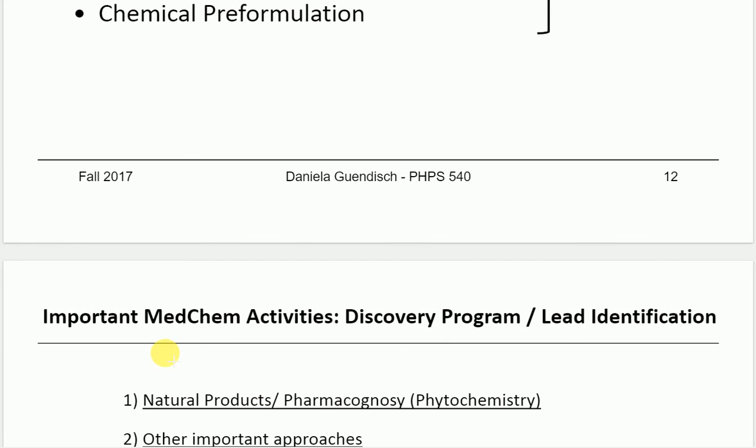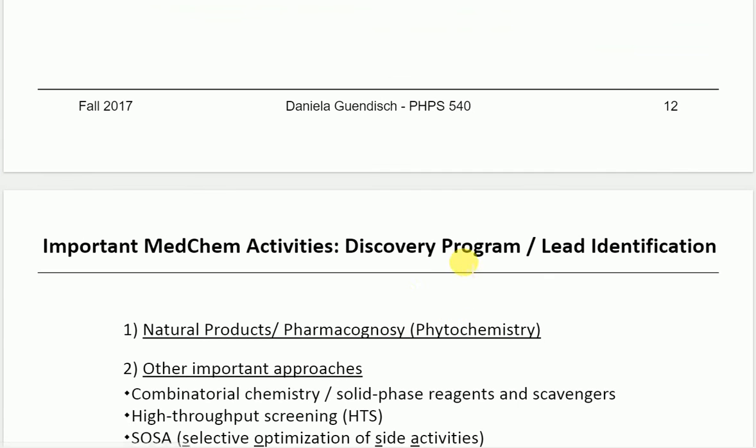Important medicinal chemistry activities include defining that discovery program and lead identification process. First we have natural products or pharmacognosy. This can involve phytochemistry, and these are some other important approaches.